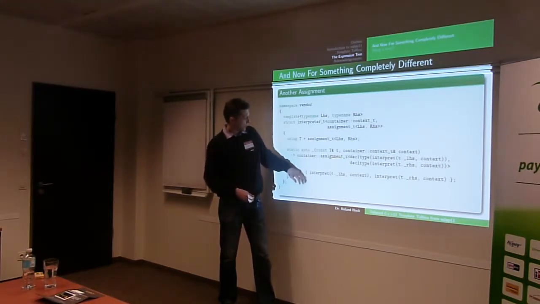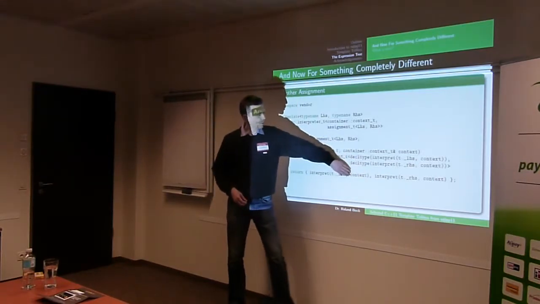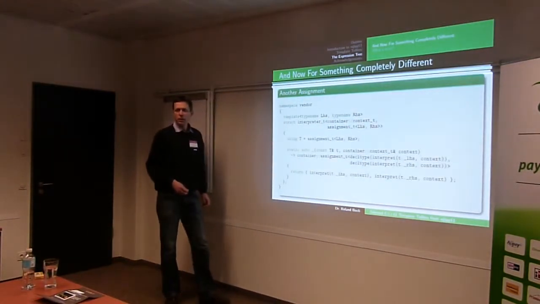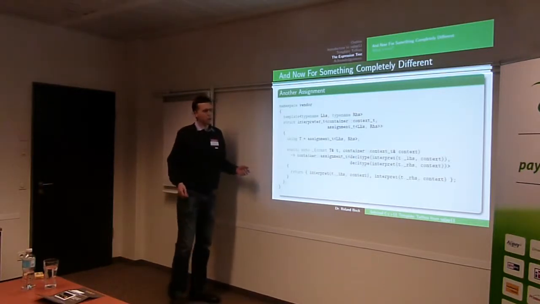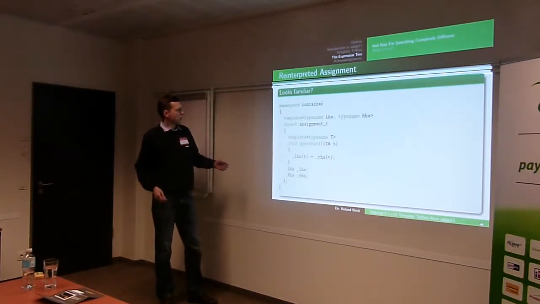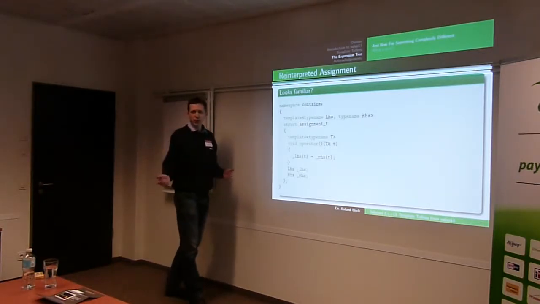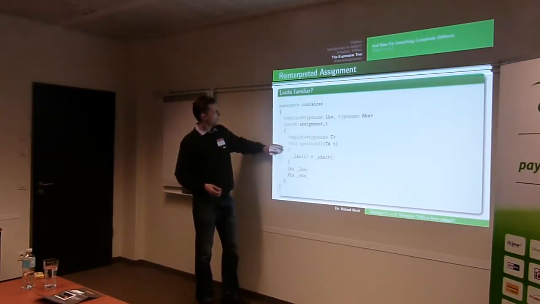It returns an assignment of an interpretation of the left-hand side operand and an interpretation of the right-hand side operand. So what this does is it reinterprets the expression tree into something different.